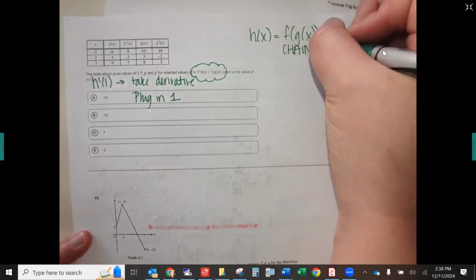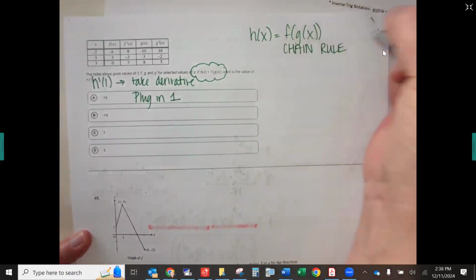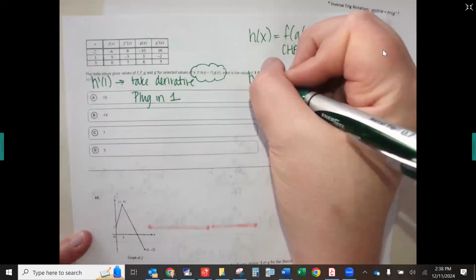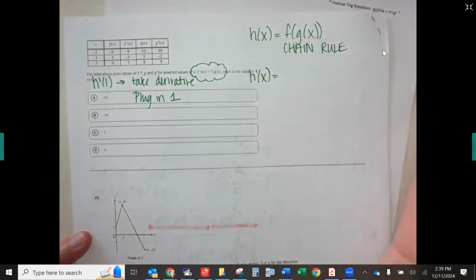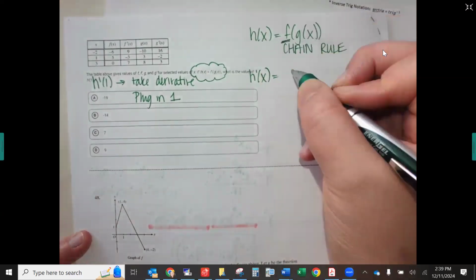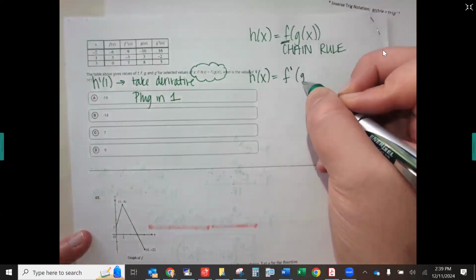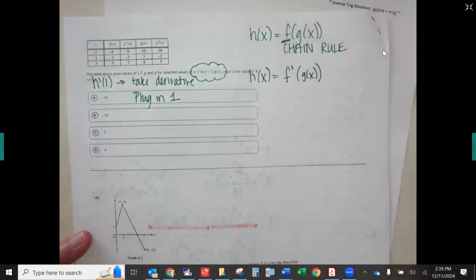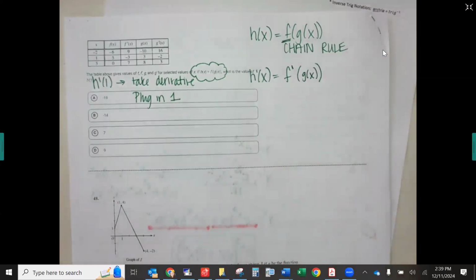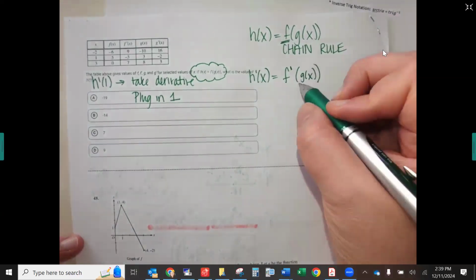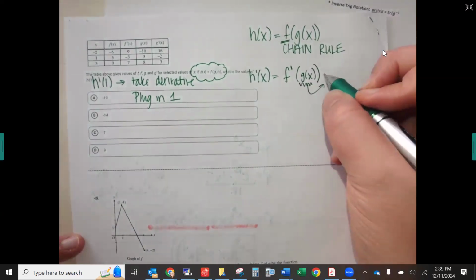Okay, so what is the derivative of f on the outside? What would I call it if it's the derivative of f? F prime, and then remember my middle part stays the same. But then because of chain rule, I keep the g of x the same, but I multiply its derivative behind it. What is the derivative of g of x going to be called?